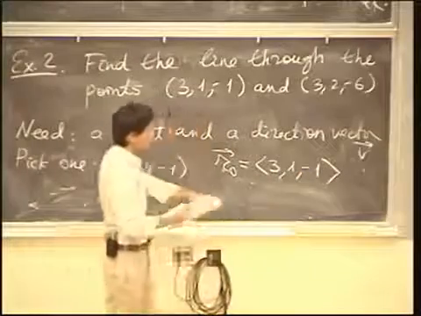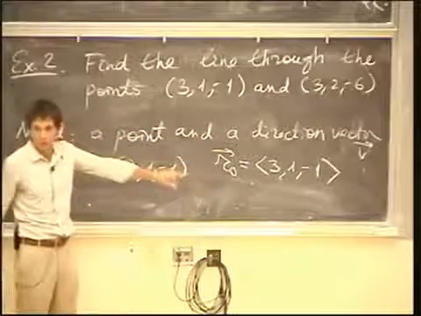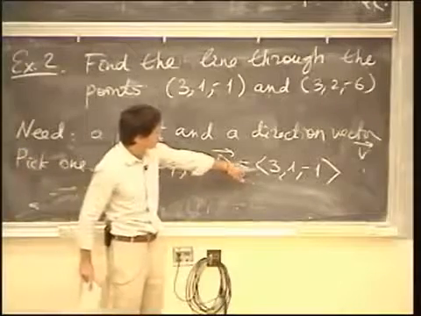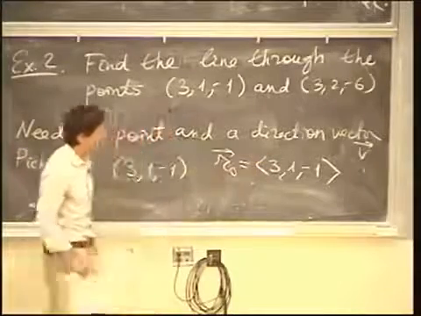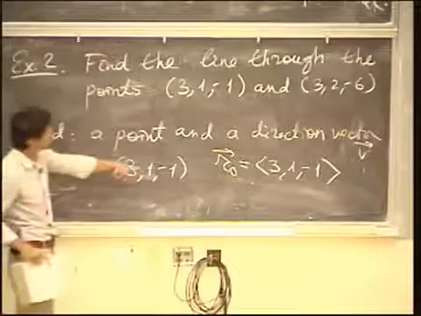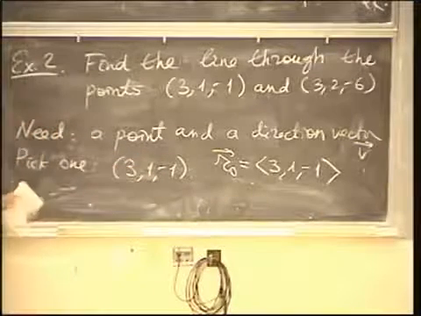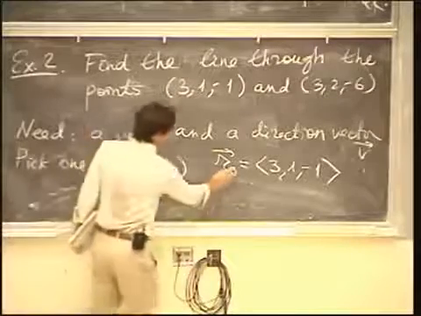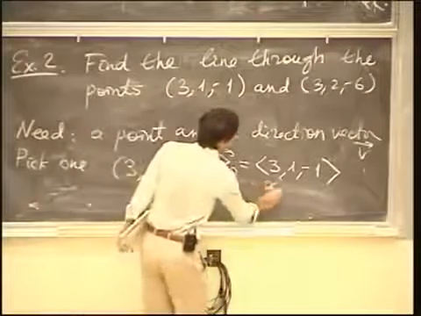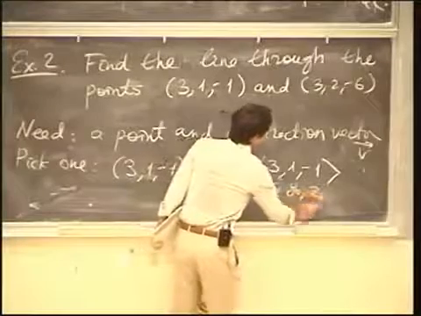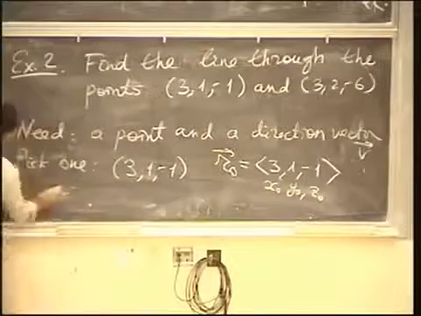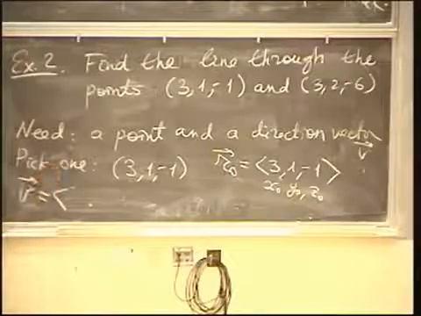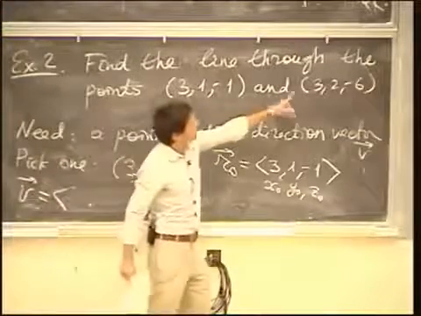so you see I'm being really rigorous and pedantic here. I'm distinguishing between the point and the position vector of this point by using different brackets. The round brackets for points, the angle brackets for vectors. It's very important, as I already explained. So this is your x0, y0, and z0. And now, to find v, we can simply take the difference between the position vectors of these 2 points.